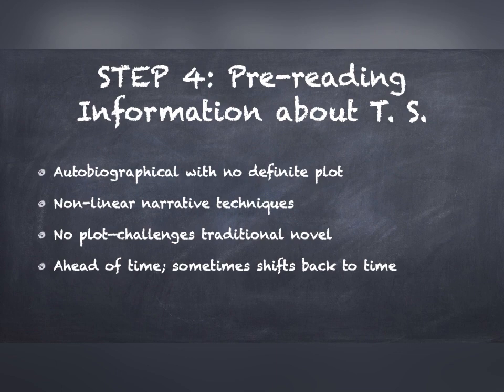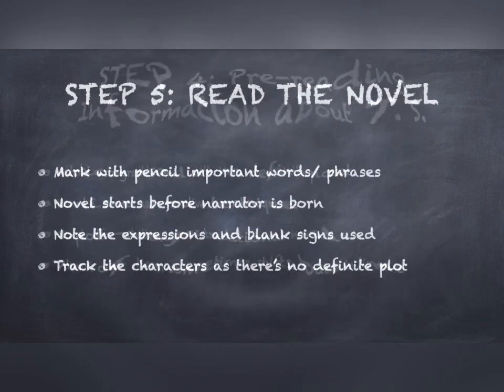Moving on to step 5, we need to read the novel, that's for sure and certain, because there are so many words and phrases, we need to mark them. We need to know that the narrator is not even born. He's shown in the 4th volume of the novel. So up to the 3rd volume, you won't get a hint of the narrator, especially as a character.